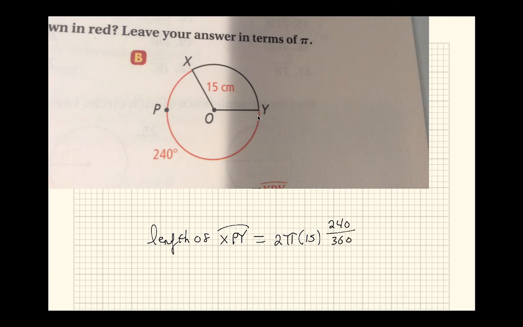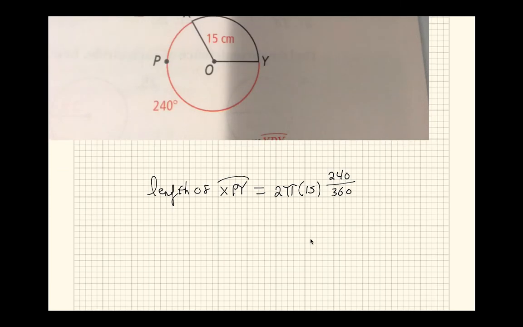So let's figure that out. Notice the directions say to leave your answer in terms of pi. Basically, when it says leave your answer in terms of pi, you're not going to multiply by pi. You just tack it onto the end of your answer. I'll show you how it works. 2 times 15, that's going to give me 30 pi times 240 over 360.